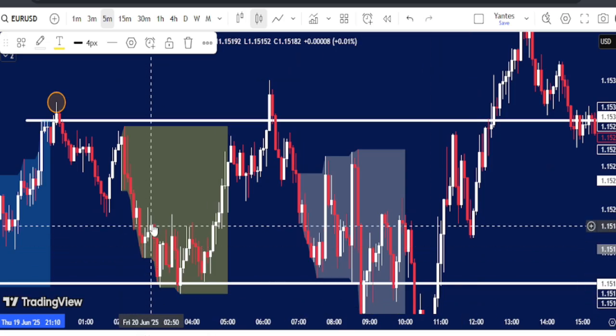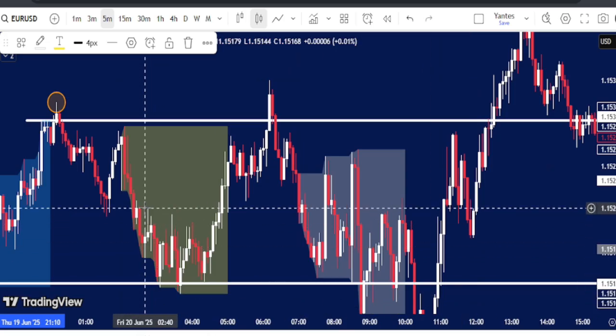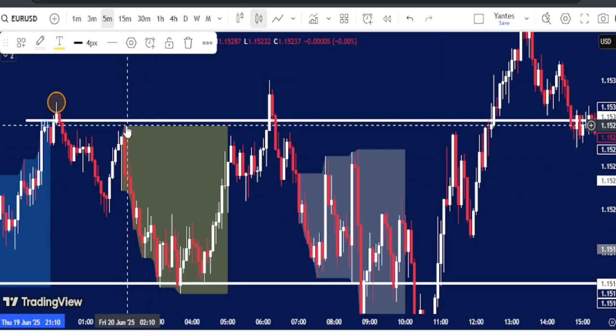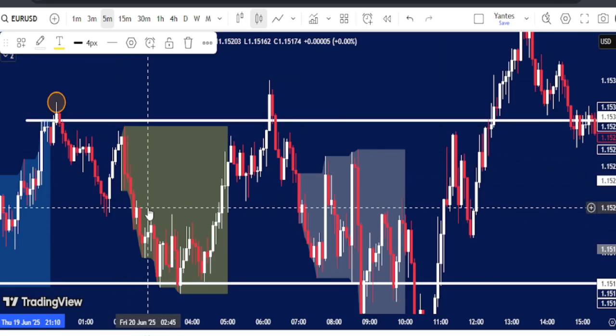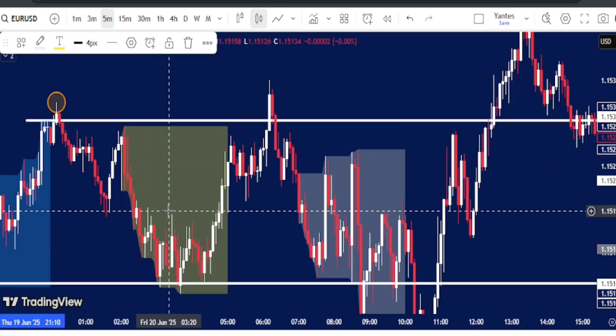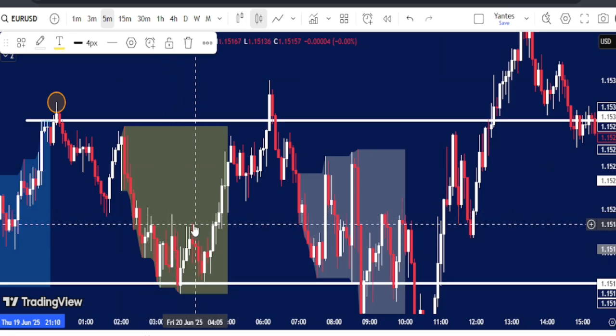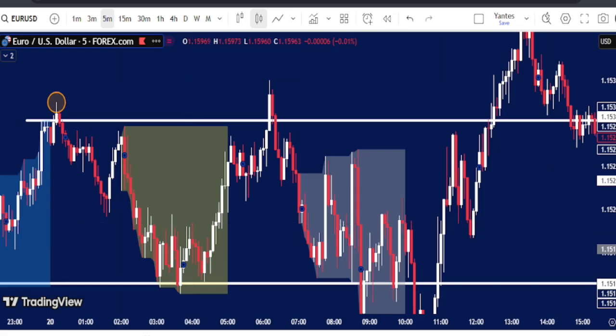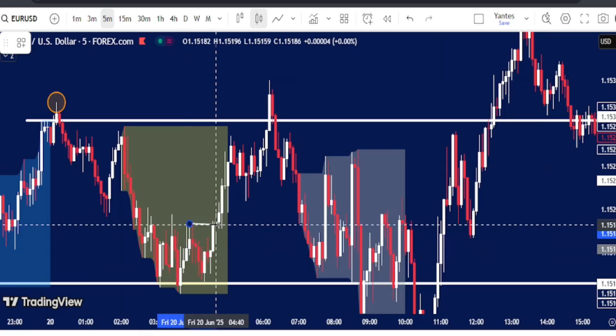Now, we wait for a change of character. This is a high, a lower high, lower high, lower high. So this high was supposed to be broken for us to get a change of character.